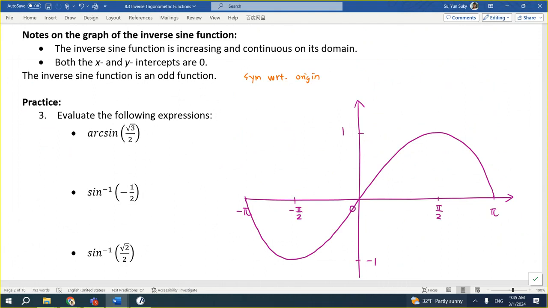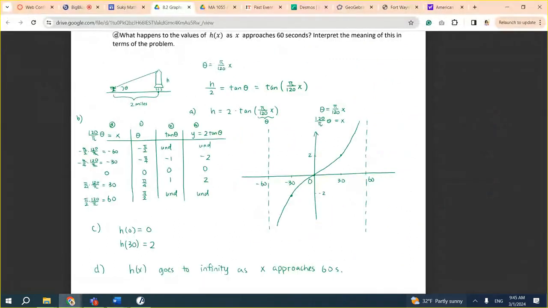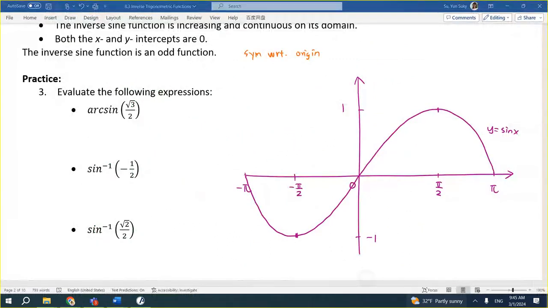Is that okay, everybody? That's the sine. And to find the inverse sine, oops, sorry, we know for the inverse sine, the angle, we restrict to the one-to-one piece. That's from minus pi over 2 to pi over 2.